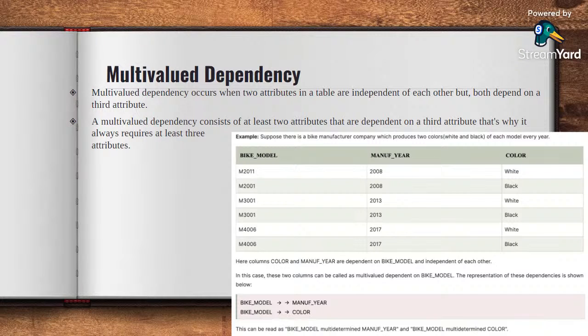It's decomposed into first normal form. That's why we have multiple rows with the same bike model. So before decomposition, it was multivalued, correct? Yes.